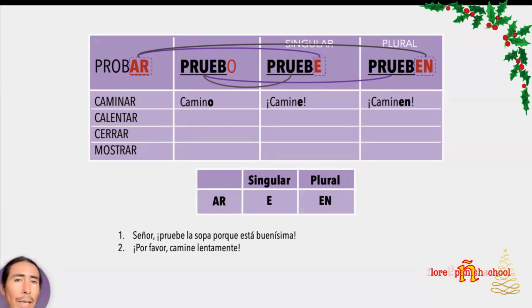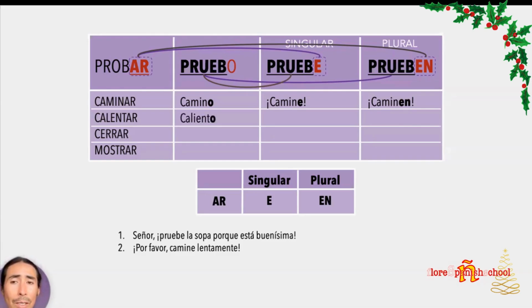Por favor, camine lentamente. Please walk slowly. Maybe you are on a hike and the tour guide is walking quickly and you want to tell him or her, please walk slowly. You don't say it the informal way because it's not your friend.